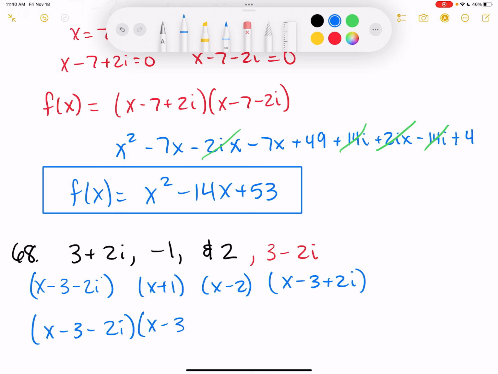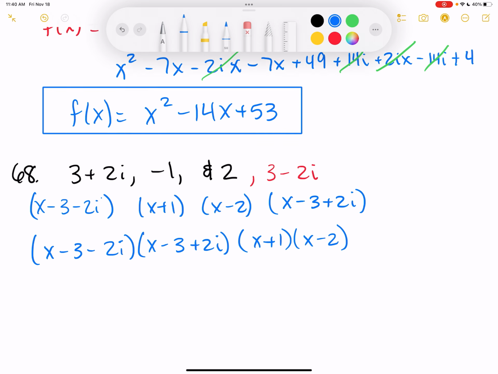And then you'll ultimately have to multiply everything together after that. All right, so superfoiling, we've got x squared minus 3x plus 2ix minus 3x plus 9 minus 6i minus 2ix plus 6i minus 4i squared, which would just be plus 4.